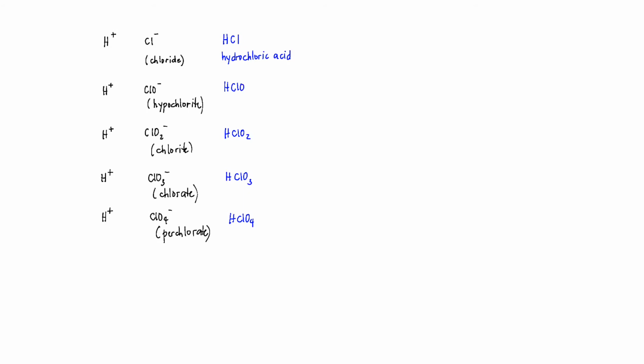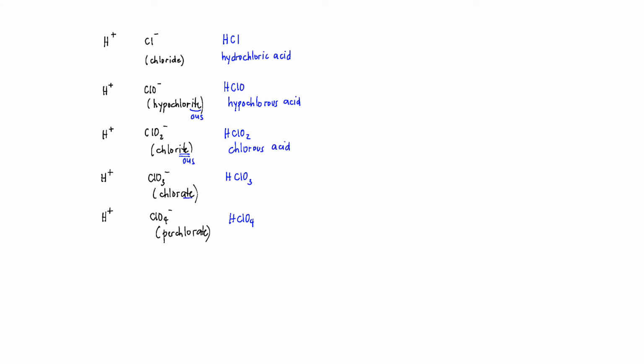And then this one is hypochlorite. So expect that this "ite" will be turned into "ous," plus the word acid. So therefore, this one is hypochlorous acid. This one is in "ite." Again, it will turn into "ous." So we're gonna have here chlorous acid.